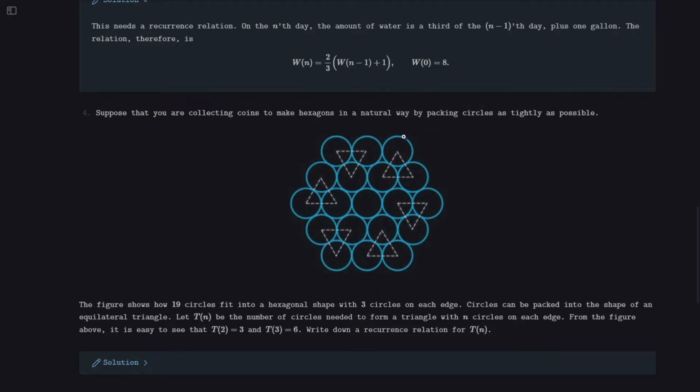Okay, so the recurrence relation we want is for the number of circles in each single triangle.